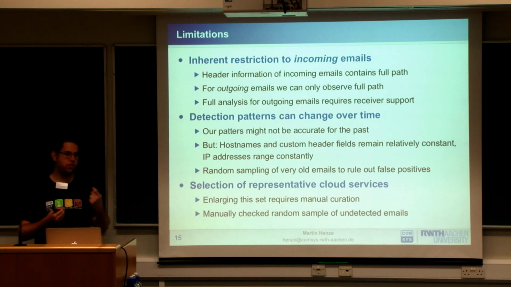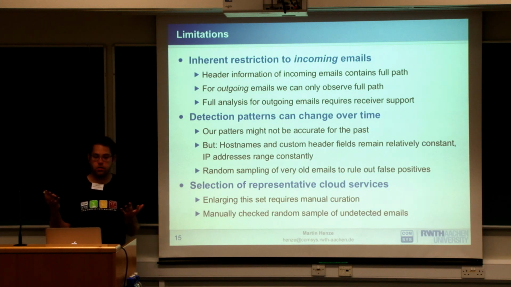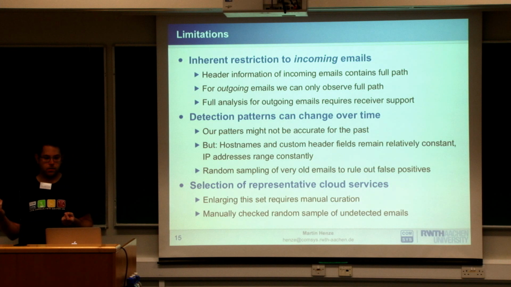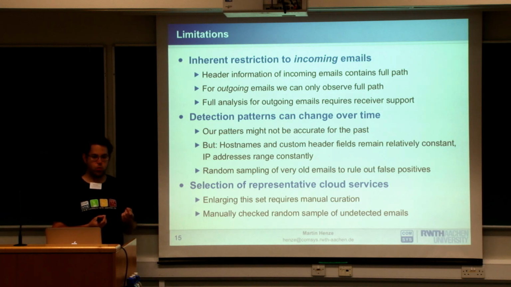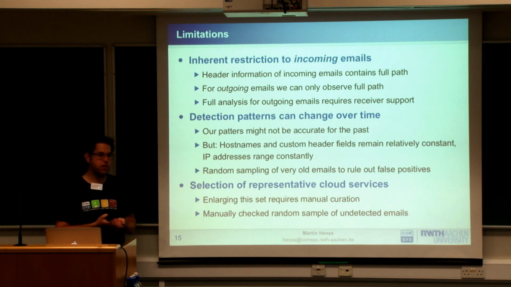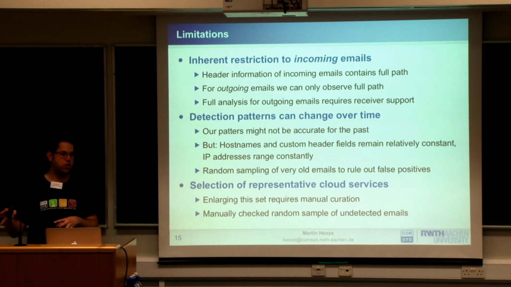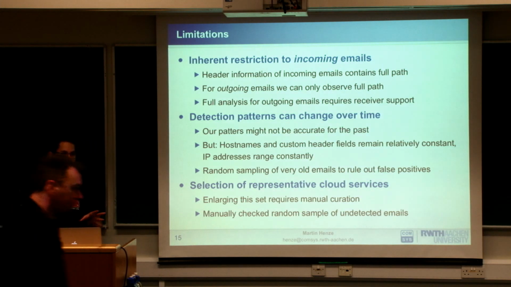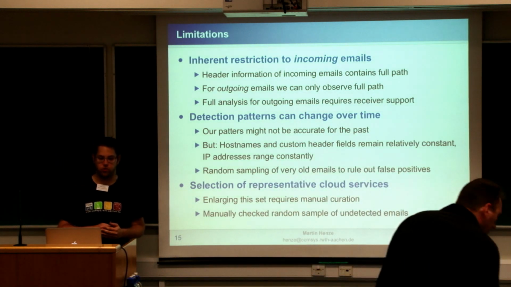But what we were interested in is, is that really the case? What we essentially saw is that host names and custom header fields more or less stay constant. Of course, we have new providers arising, or some go out of business, but it's not that Gmail suddenly decides we're using completely new host names for infrastructure.